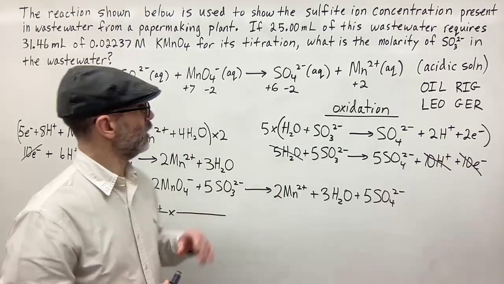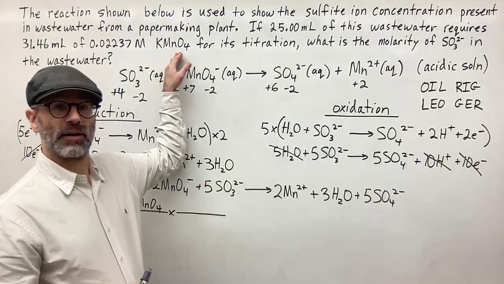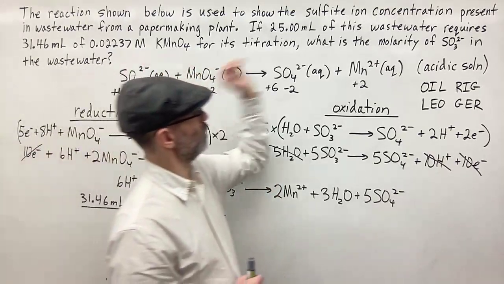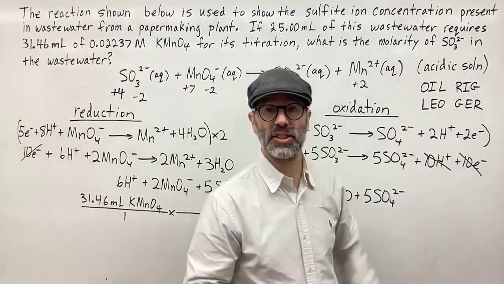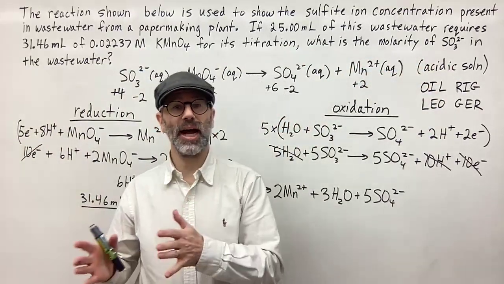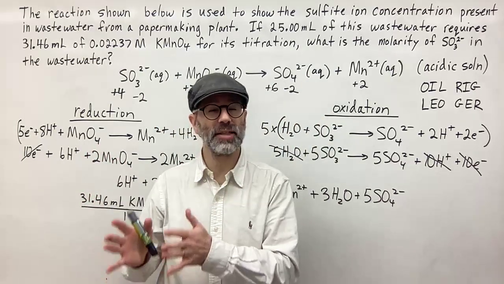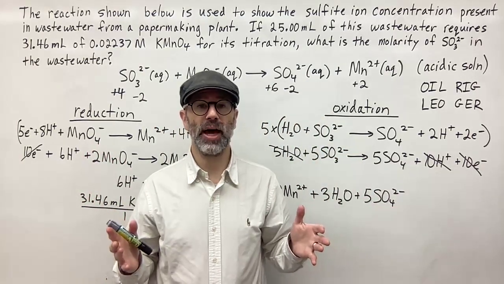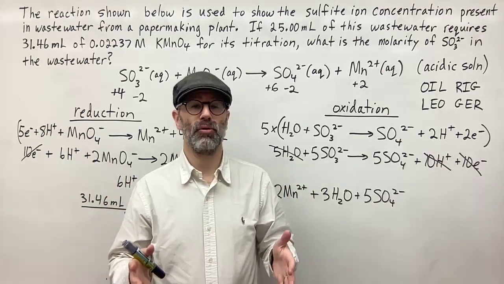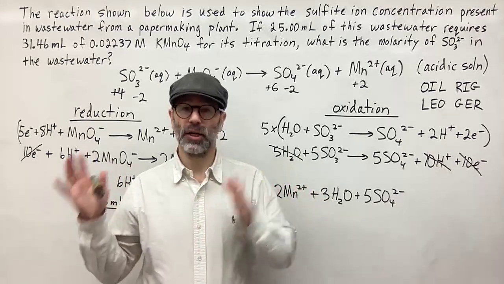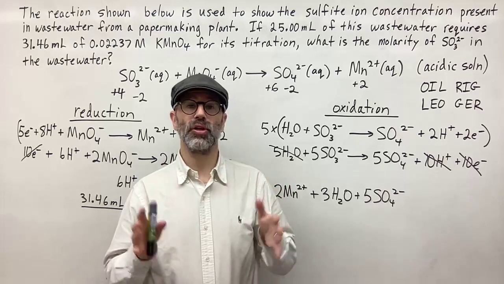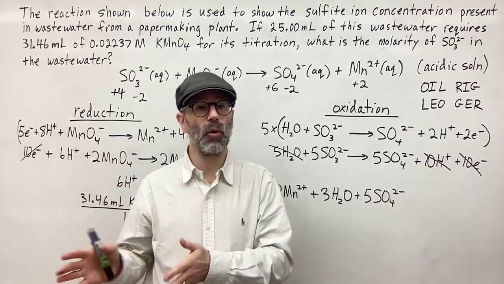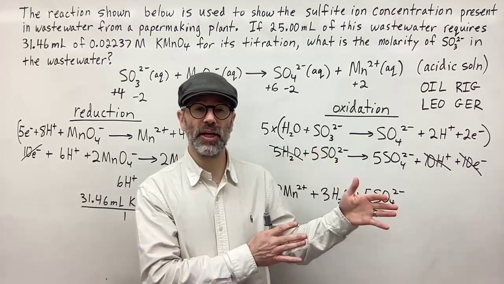So here they're giving us a certain amount of KMnO4. They want us to find a certain amount of the sulfite ion. So anytime you are converting from one substance to a different substance, you're going to have to use a mole ratio to do that. So you got to convert to moles. Once you get moles, you can use the mole ratio to convert from moles of one thing to moles of the other thing.